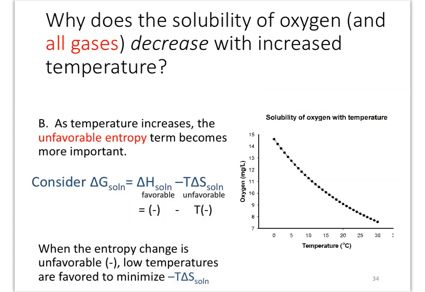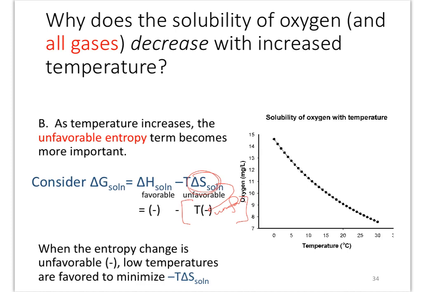Just a couple more slides now. This slide might help you visualize the answer to that question a little better. Again, for dissolving a gas in water, the change in entropy is negative, unfavorable. And anytime one of these two terms, entropy and enthalpy, is unfavorable, you want to minimize it.